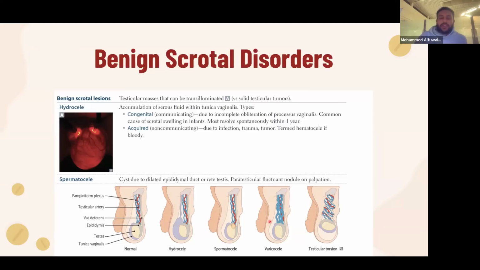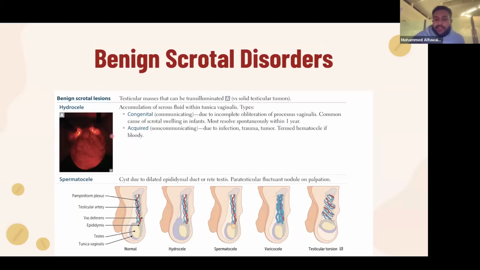We basically finished. To go over it, hydrocele is a defect of a patent, what's it called? Patent processus vaginalis, which is a communication between the peritoneum and the tunica vaginalis of the scrotum itself.